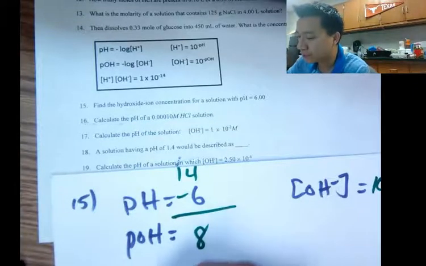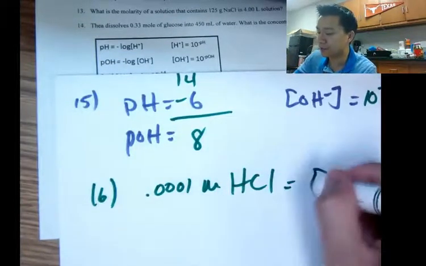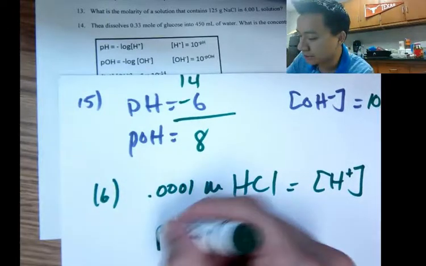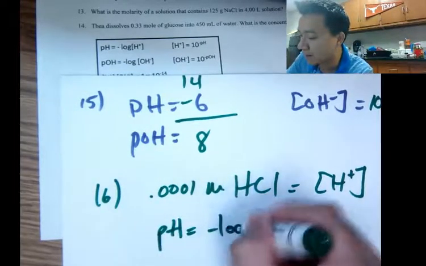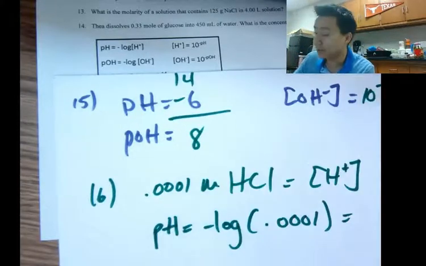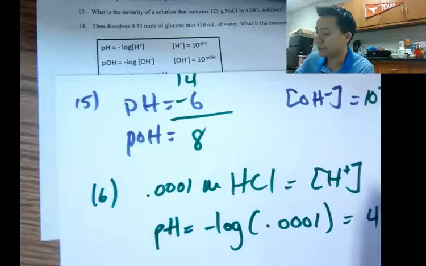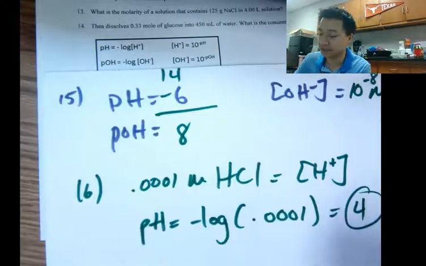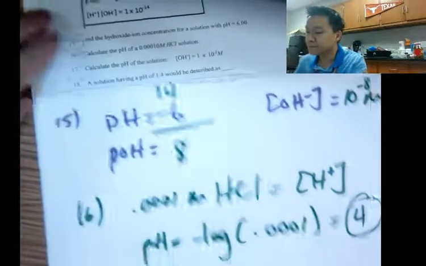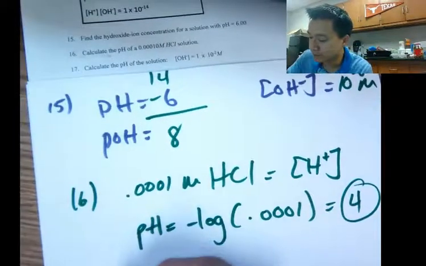HCl, 0.0001 molar HCl. HCl is a strong acid, so this is your H plus concentration. And to get pH, it's equal to negative log of 0.0001, and you punch that in, and you'll get 4. pH is 4 for number 16. Number 17, pH is what we're looking for.